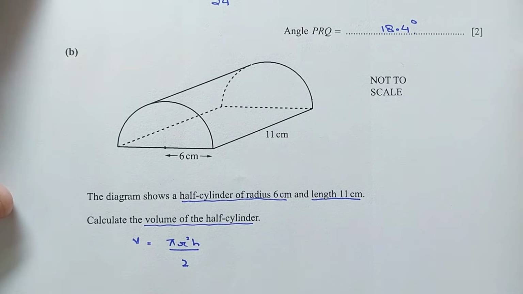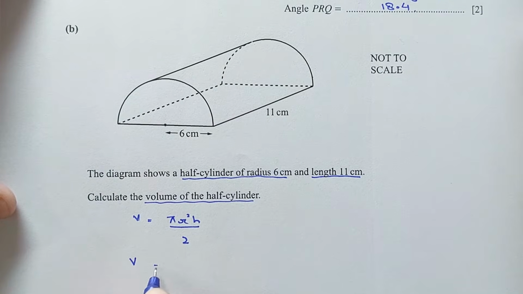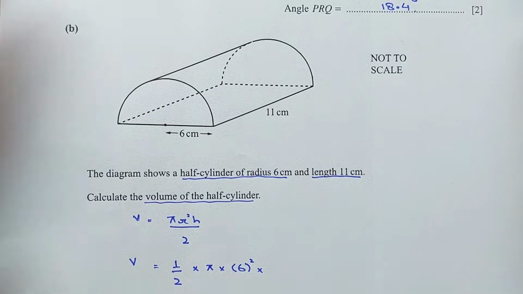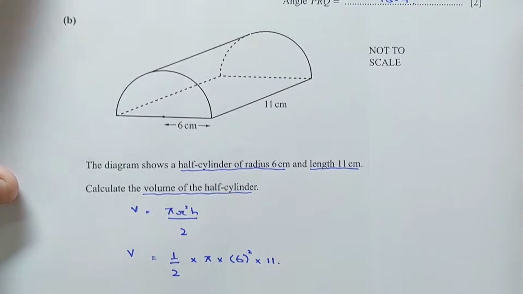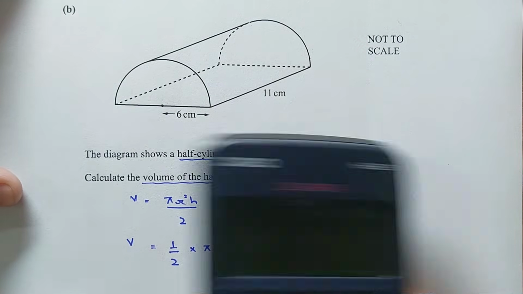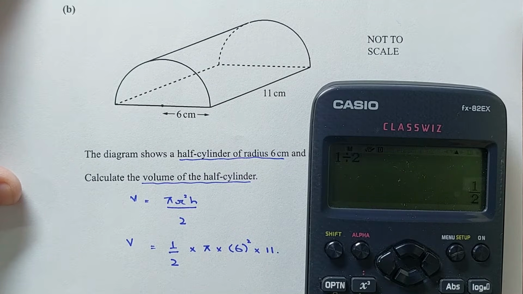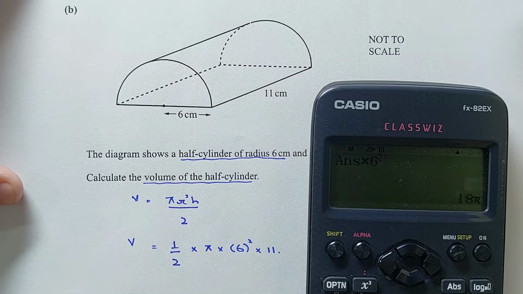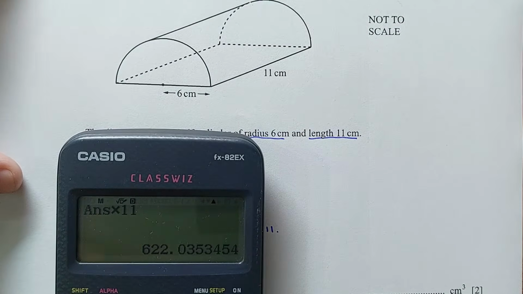So the volume of the half cylinder is 1 by 2 times pi times the radius squared times the height, which is 11. Now let me simplify. Half times pi times 6 squared times 11 is 622.03, or 622 we can say, centimeter cube.